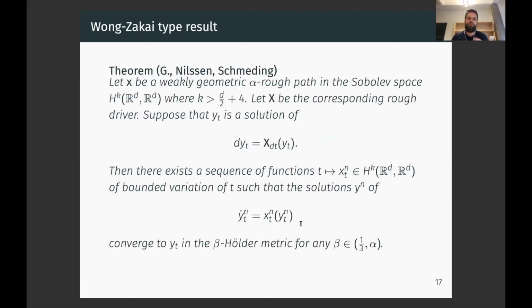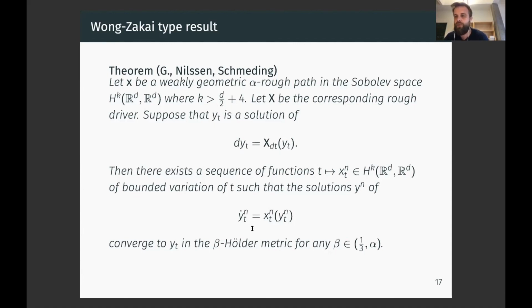And using our rough path theory, we can get the Wong-Zakai type results, where we say that if we have a rough path that's in the sublevel space for K sufficiently large, so that this is inside the space with 3 continuous derivatives, then any solution can be approximated by a solution of bounded variation, as long as we adjust our Hölder exponent.